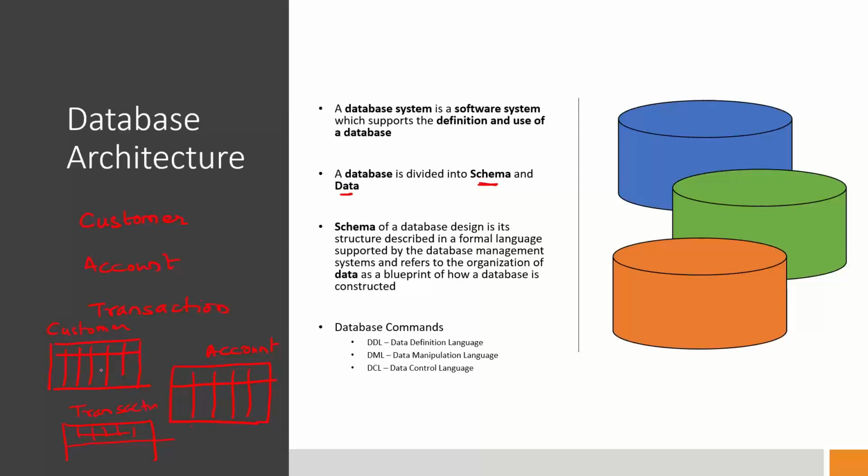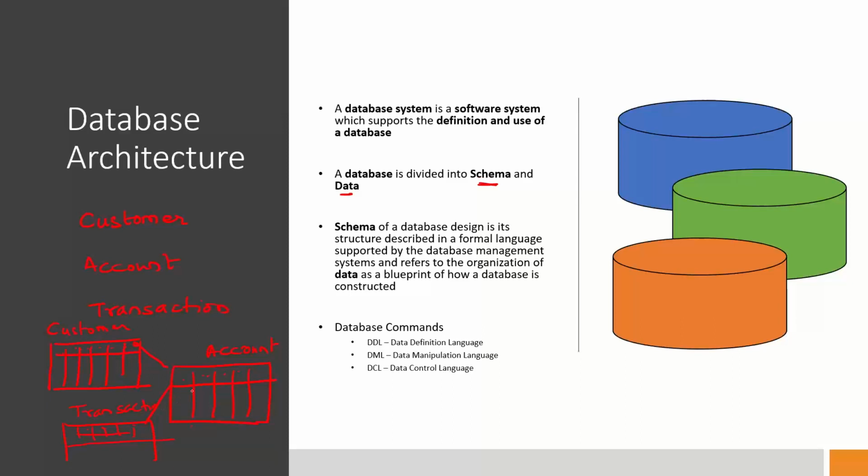Now, what all fields you capture in the table? For customer, you may capture name, gender, date of birth, occupation. For accounts, you may have certain fields, and for transactions, you may have certain fields. This structure is called the schema. So a schema defines the tables, the columns in the table, the data types of the column, all of these together, and how one table is linked with another table.